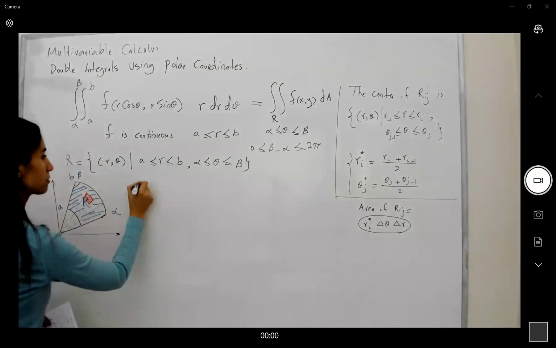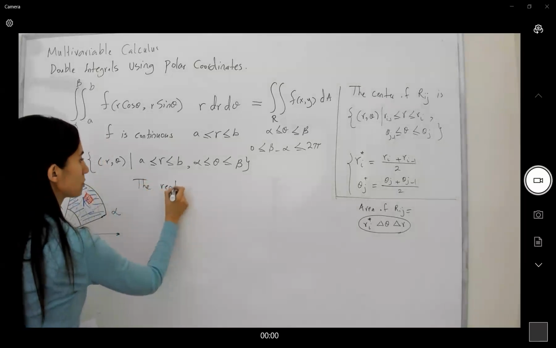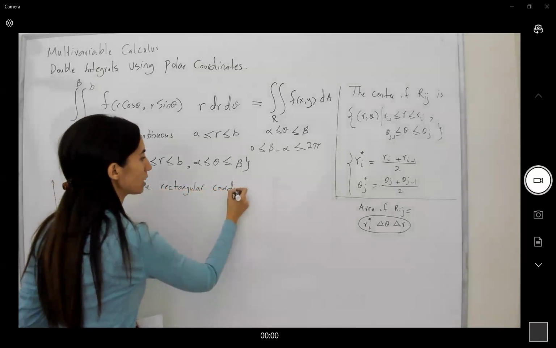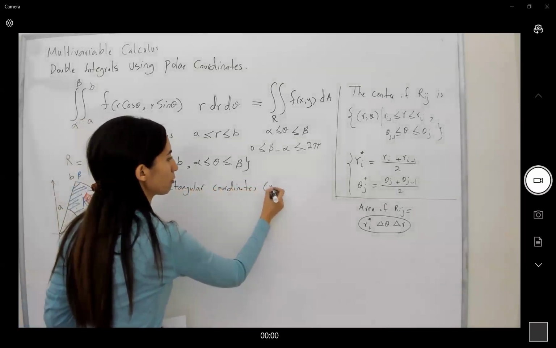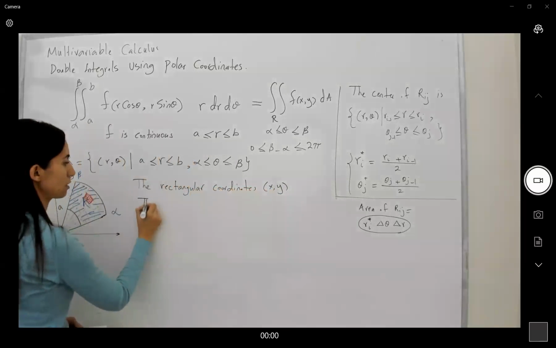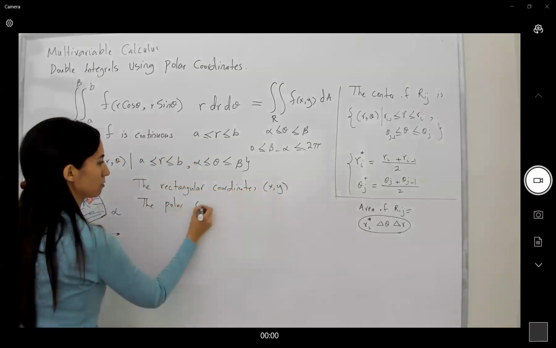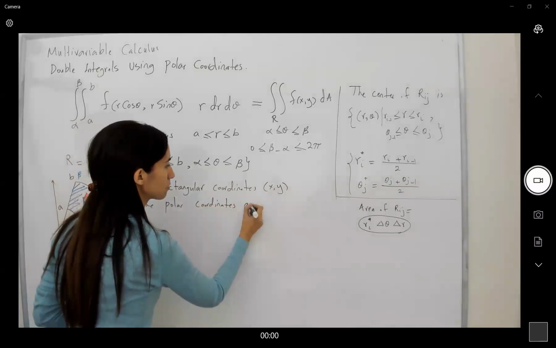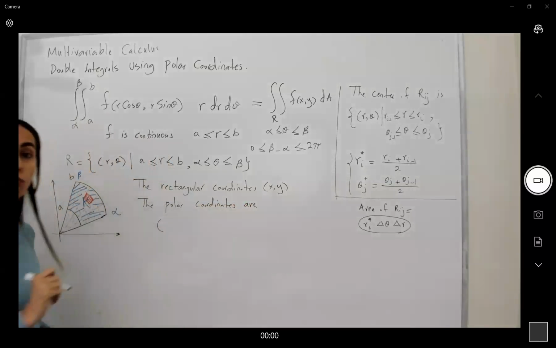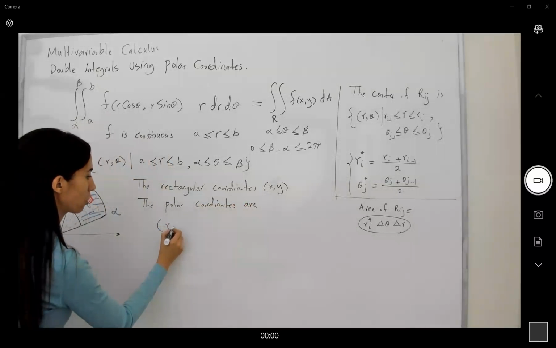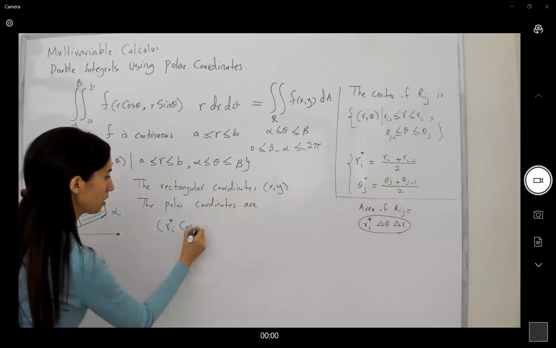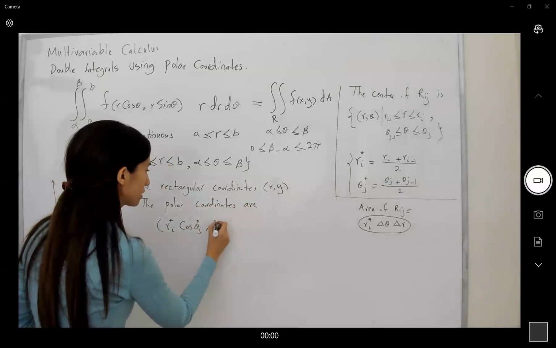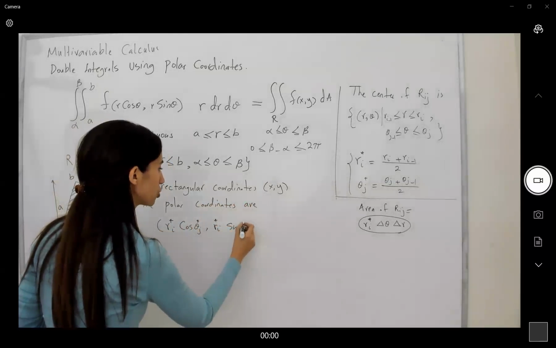So first of all, the rectangular coordinates are in the form of x and y, and the polar coordinates are going to be in the form of Ri star cosine theta j star and Ri star sine theta j star.